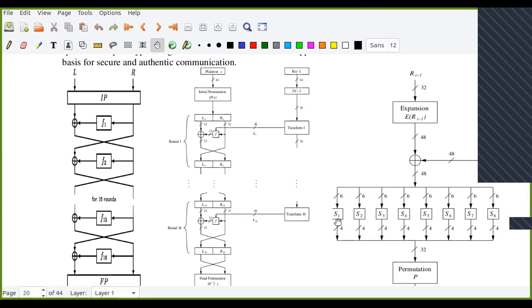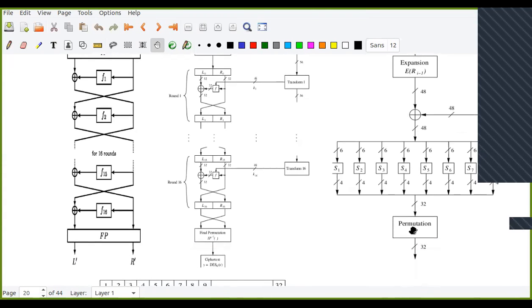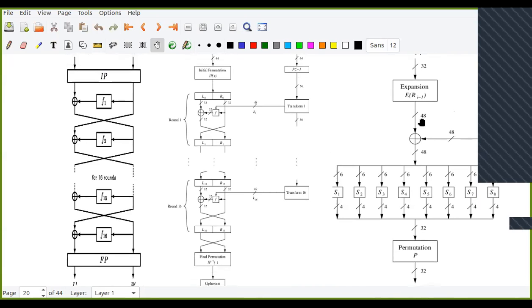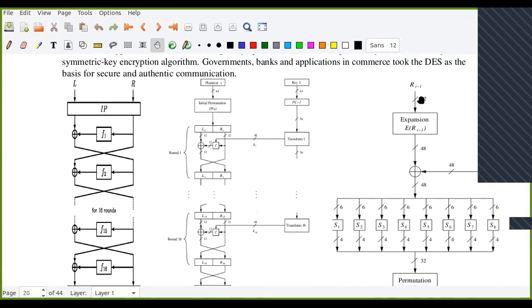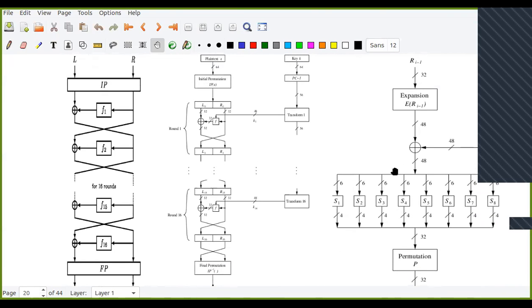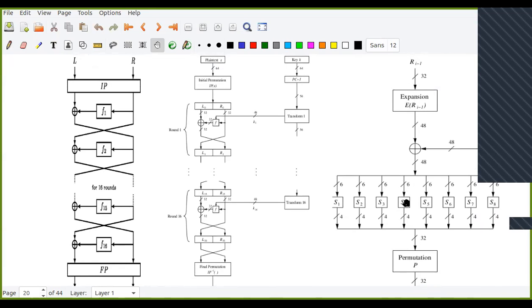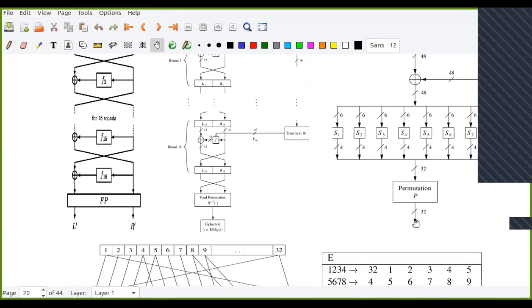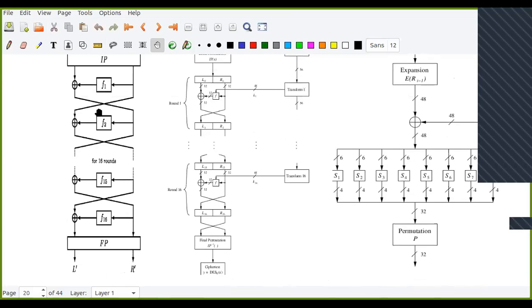Now it will apply S1 and it will give 4 only, 4, 4, 4, 4, 4, 4, 4, so 32. Now we'll apply some permutation to that, then it becomes 32. This is the role of F. This is the input for F and this is the output for F. So what it is doing is expansion, S box, and then permutation. So the output is this. Now this 32 is added to the left.